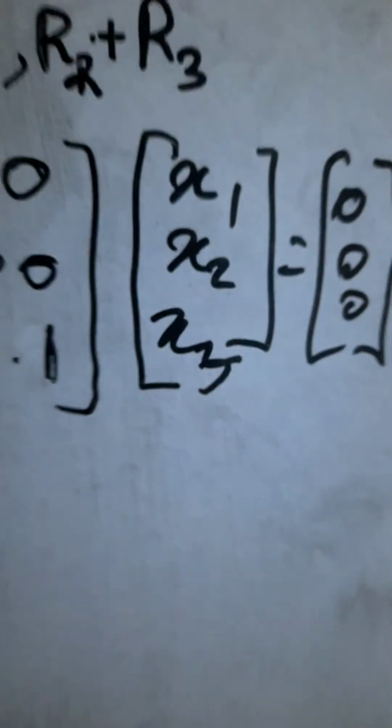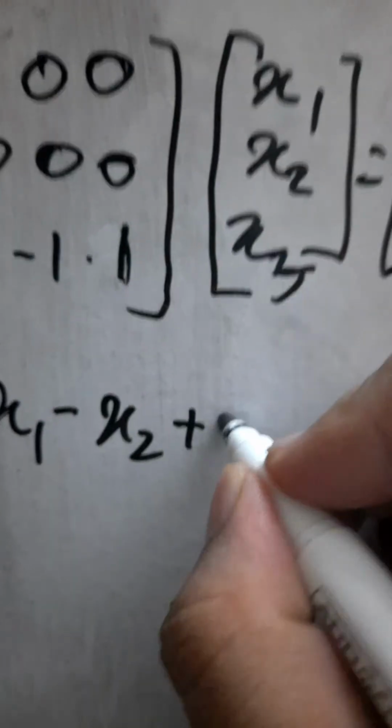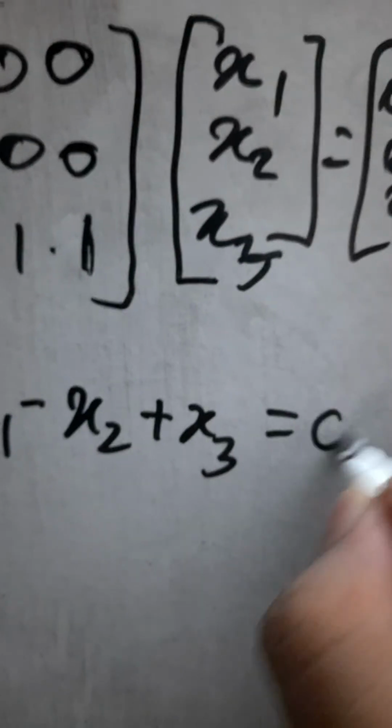Now, let's do it. And we're done with it. And 0, 0, 0. Now, if we multiply that into x1 minus x2 plus x3 equal to 0.